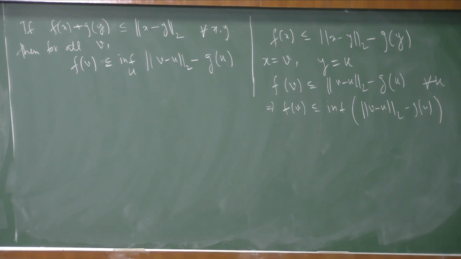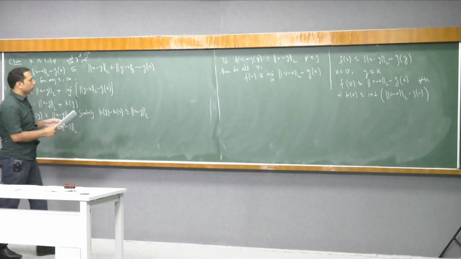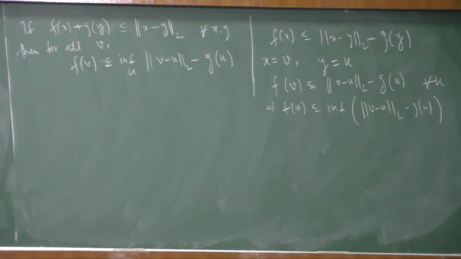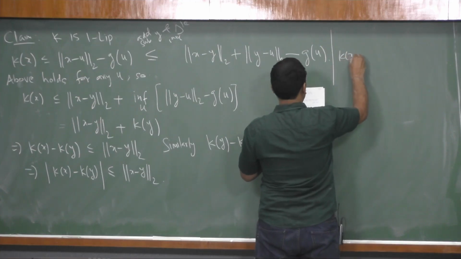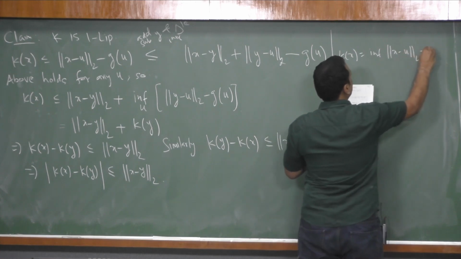But this infimum of the norm of v minus u minus gu can be seen as kv, according to the way we define k. So kx is the infimum of the norm of x minus u minus gu.